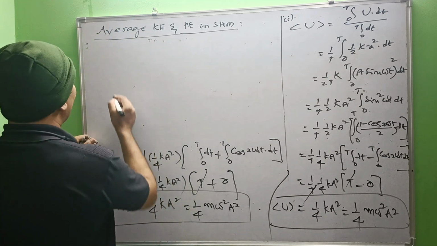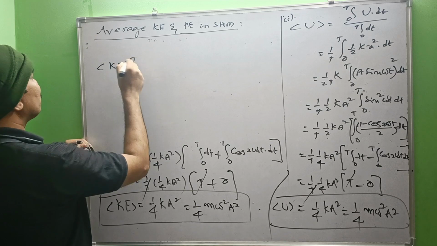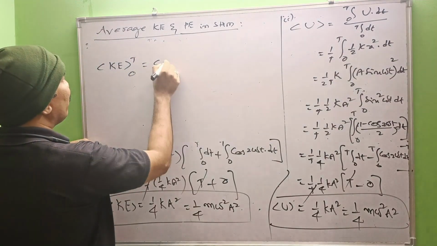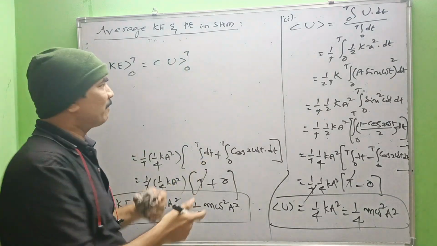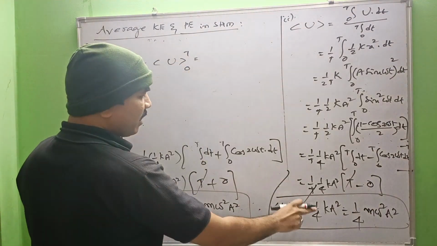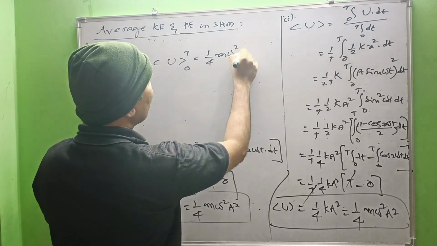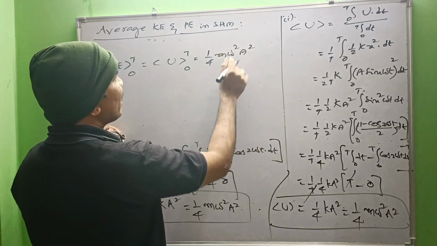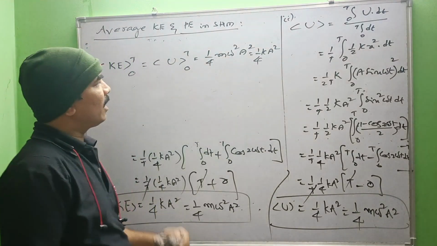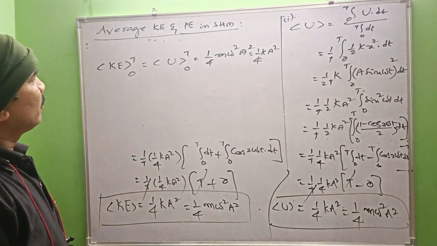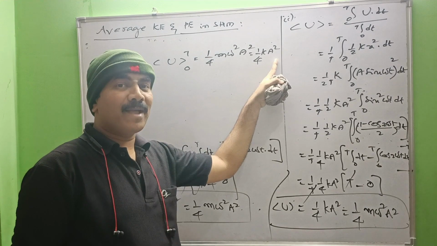See here, the average kinetic energy within one oscillation equals the average potential energy within the same oscillation, otherwise over a long time. What is the value? It is 1/4 of m omega square a square, otherwise 1/4 k a square, which is half of the total mechanical energy.